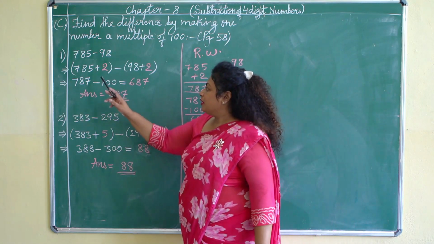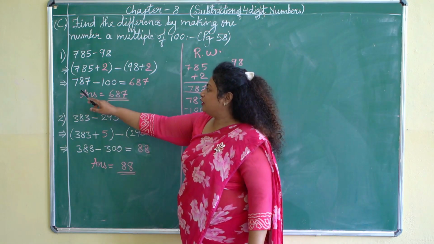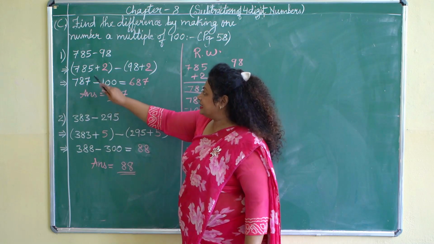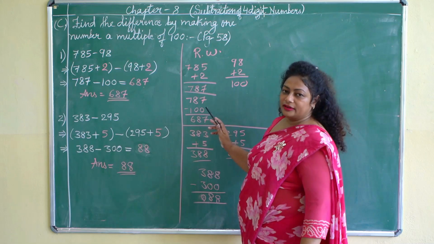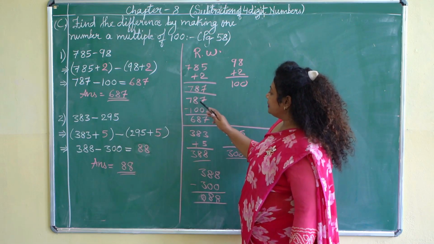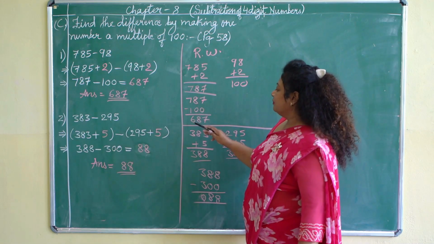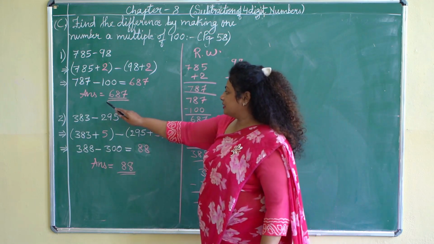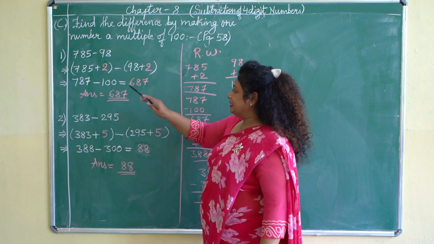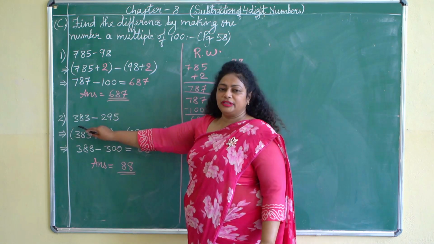Now by solving these two brackets, we got 787 minus 100. Let's solve in the rough column. 787 minus 100 will give you 687. So the answer we got is 687.